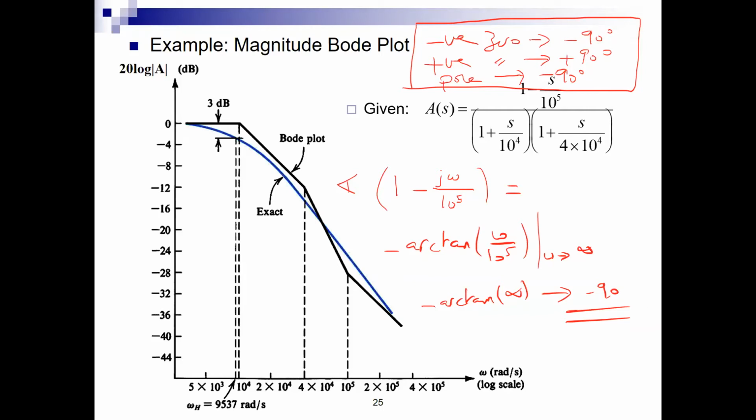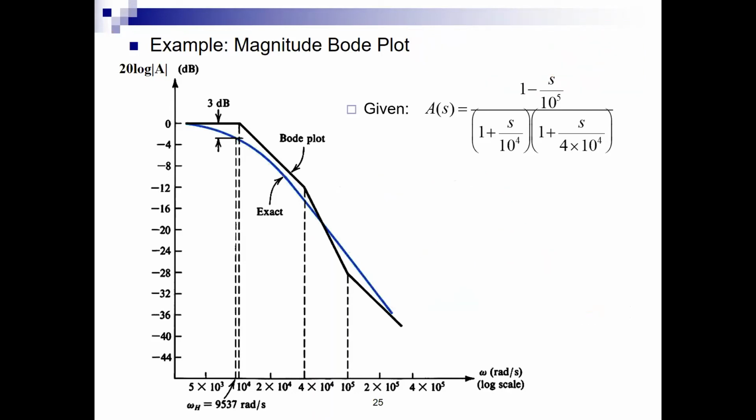At omega equal infinity, what would the phase of this circuit be? I have a negative zero, so it gives me minus 90, and I have 2 poles, which give me 2 times minus 90, so this will be minus 270 degrees.